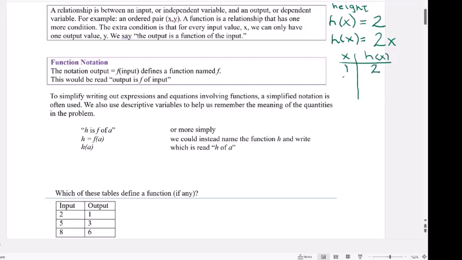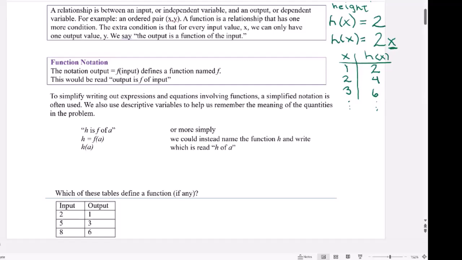If I say x equals 2, I plug that in, and 2 times 2 is 4. When x equals 3, 2 times 3 is 6, and so on, okay? So now we have created a function. Whenever I put in a value of x, I get out a value for my height, okay?